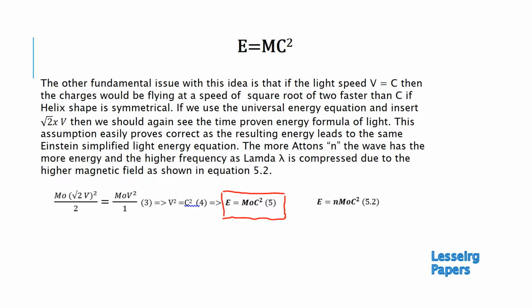And this is the reason why the Planck energy formula works, because fundamentally the only reason that the energy increases is that there are more atoms flying in this self-sustaining wave. It is actually not that the mass is mysteriously increasing. The only reason the mass is increasing is because more atoms are in this packet of light.